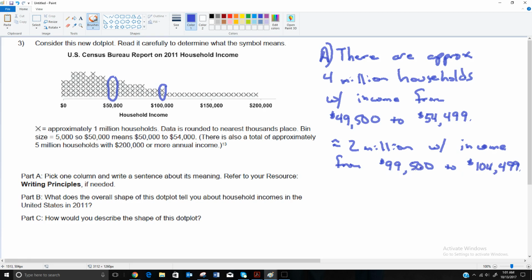So we're going on either side. So a little bit below 100,000 and then up to, but not including things that would round up to 105,000.